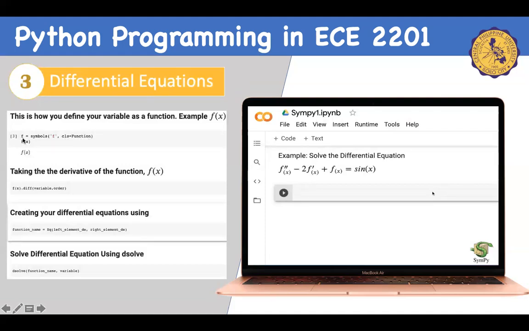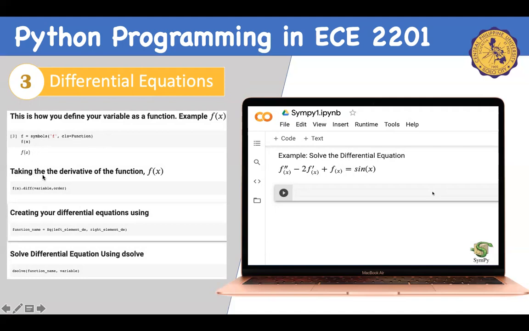So you are going to define f here as a function. Now, if you put f of x, it will display a function f with respect to x.